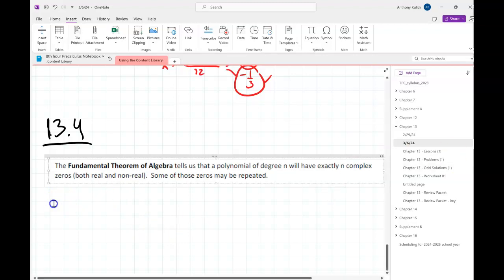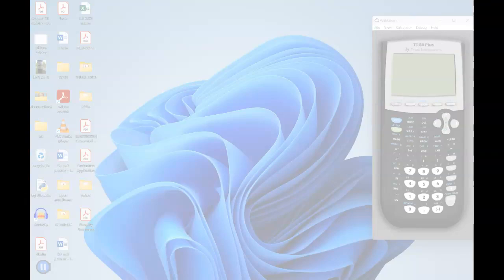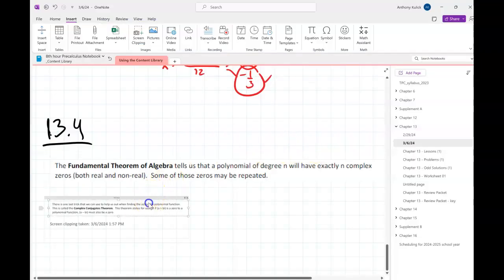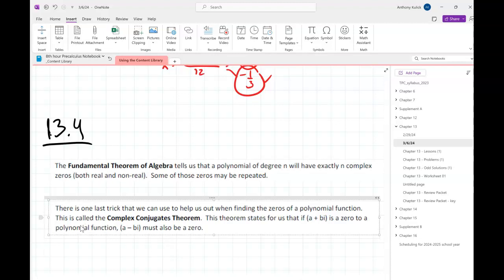The second piece that's going to be handy for us is called the complex conjugates theorem. What this theorem says is that if we have a polynomial with real coefficients, and we have a zero of a plus bi, so an imaginary zero, we necessarily also have to have the zero a minus bi, its conjugate.